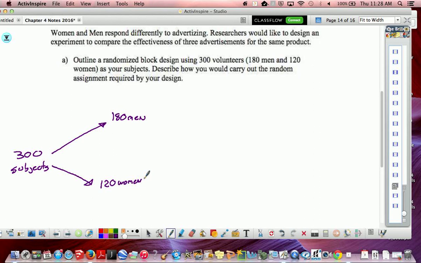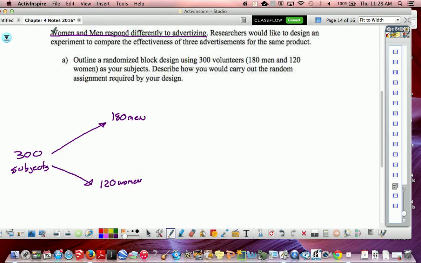Because earlier in the problem it says, hey, men and women respond differently. So since we know that they can respond differently, let's separate the 2 groups and do, in essence, 2 separate experiments, one for the men and one for the women, and look at how men respond to it and how women respond to it.